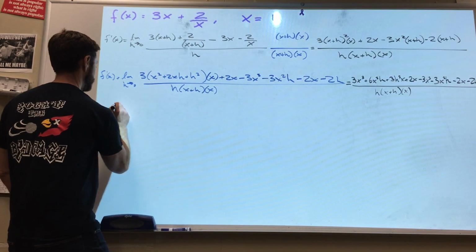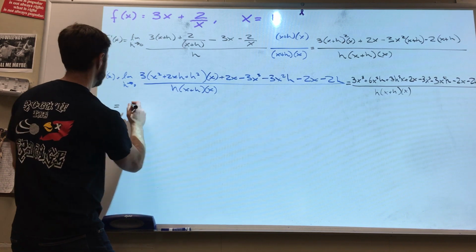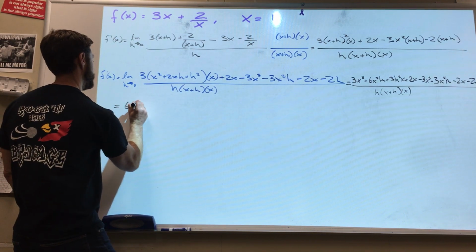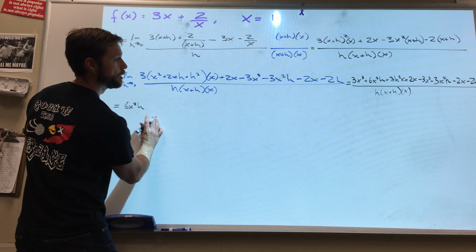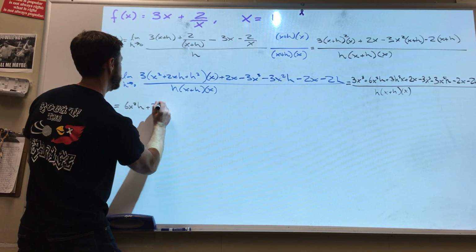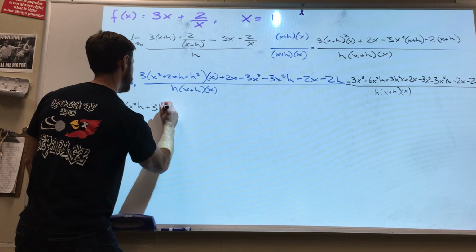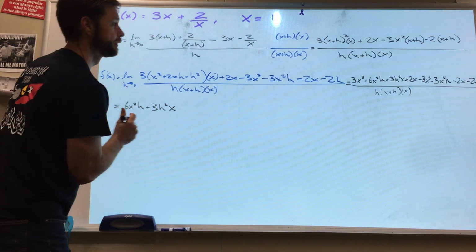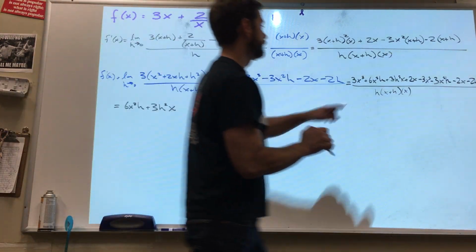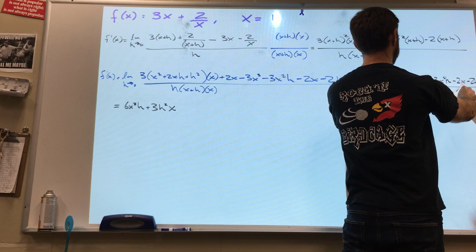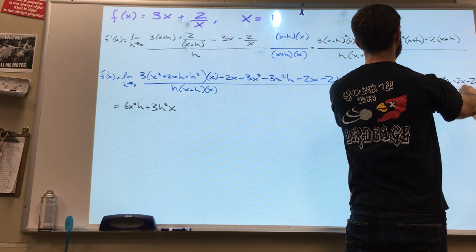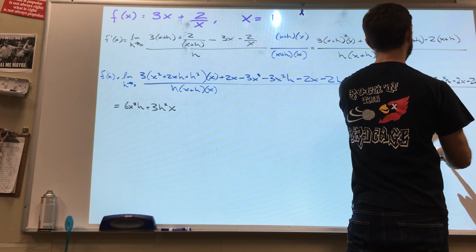So I have my 3x cubed gone. My 6x squared h stays. My 3h squared x stays. My 2x and my negative 2x drop out. My x cubed's dropped out.